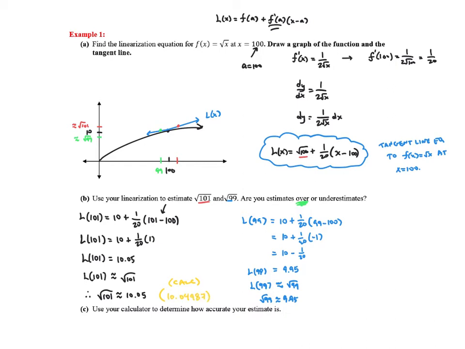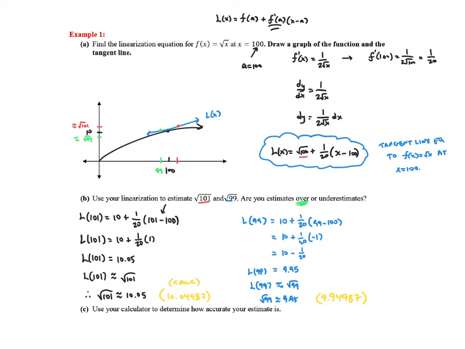It's really pretty accurate. Likewise, on the other side of things, the square root of 99 is 9.94987. Equally as accurate on both estimates.